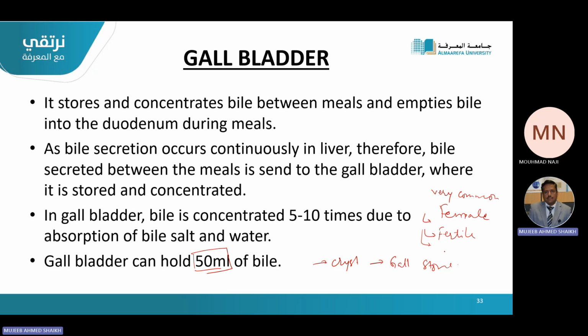And those who are obese. That means they are fatty. So obesity, female, fertile, and in the age of 40 years, these are the four F's: female, fertile, fatty, 40 years, which is common for gallstone occurrence or incidence.